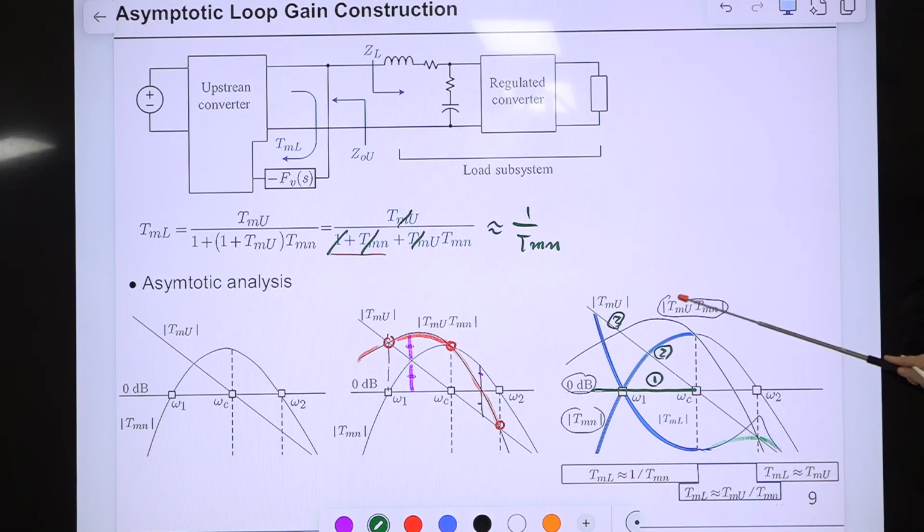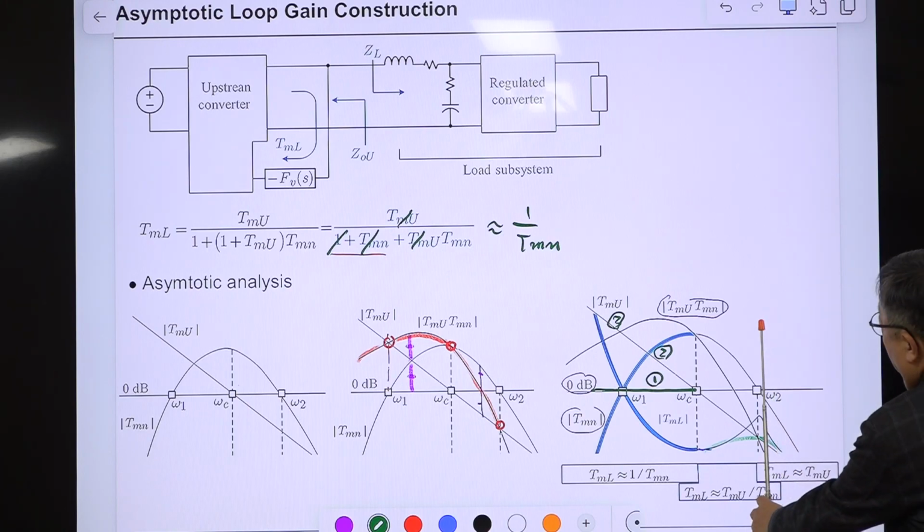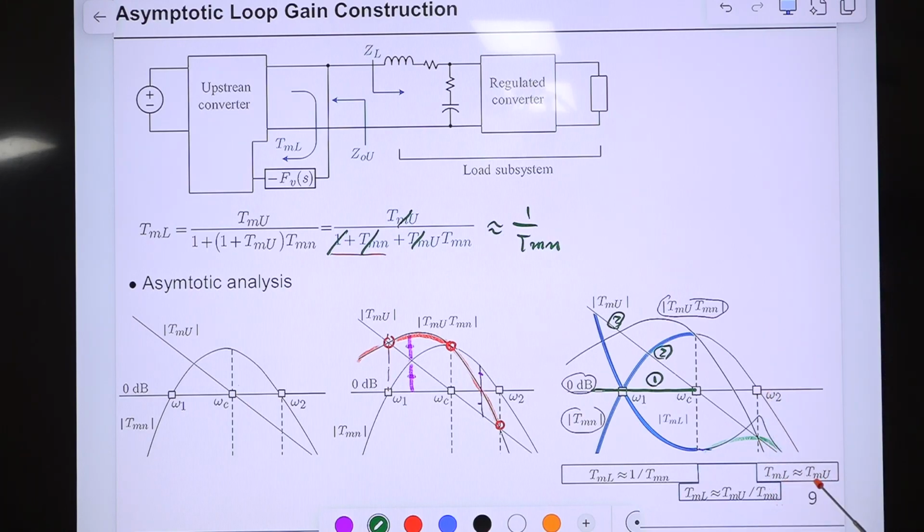That means if this is the TMN, TML is the mirror image of this up to this point. And in the middle, I'll show this. After this frequency, after omega 2, TML is this one. So after this frequency, it follows this TMN. So it should be this, okay?